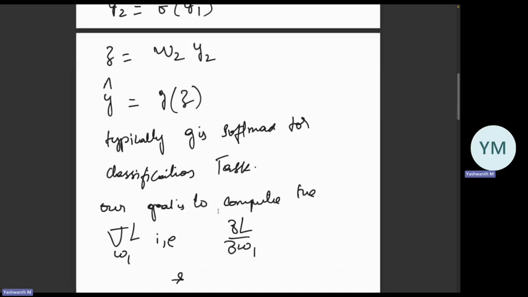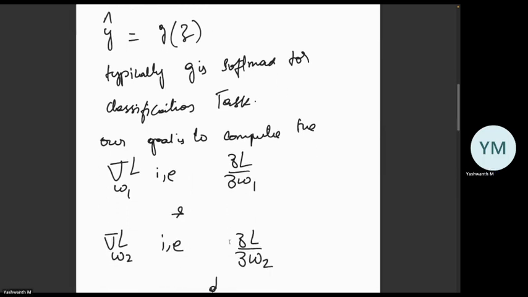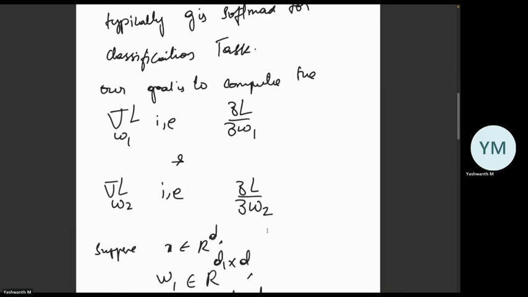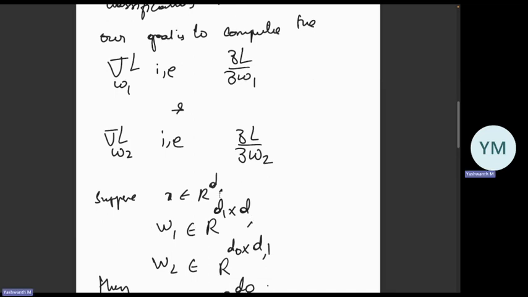That is, the gradient of L with respect to W1, also denoted by dou L by dou W1, and the gradient of L with respect to W2, denoted by dou L by dou W2.